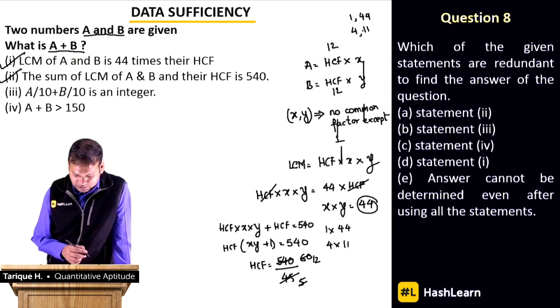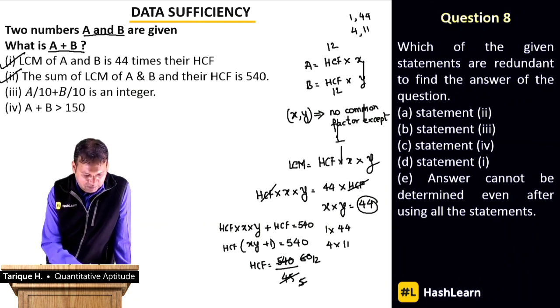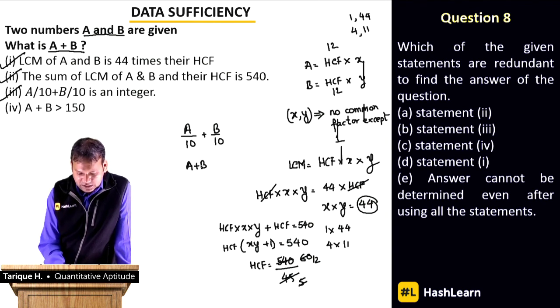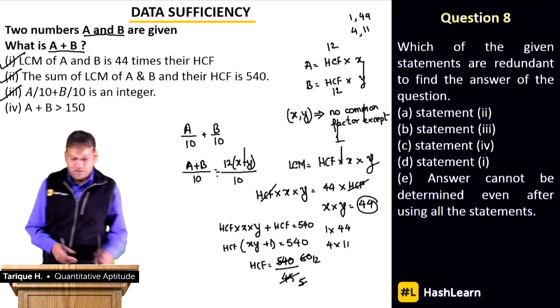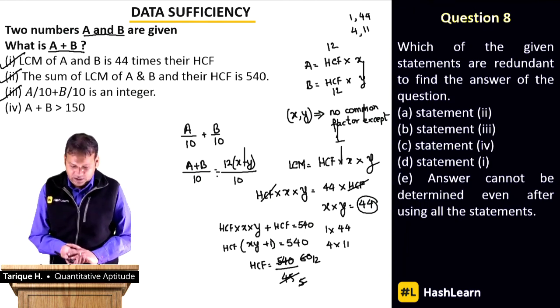Now look at the next statement. A by 10 plus B by 10 is an integer, which basically means A plus B is divisible by 10. And we know A is 12x, so 12 times (x plus y) is divisible by 10.